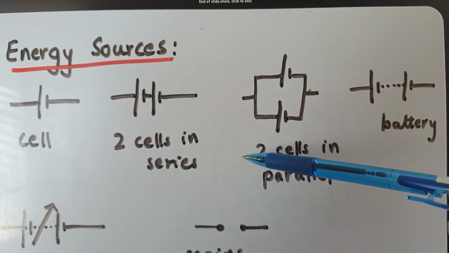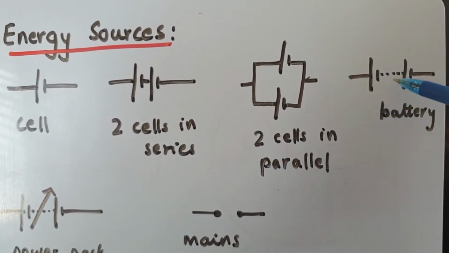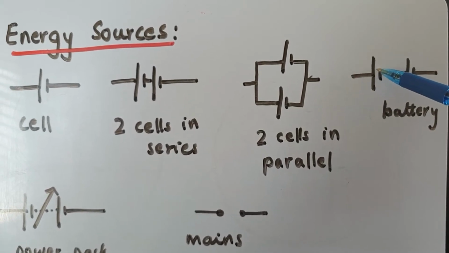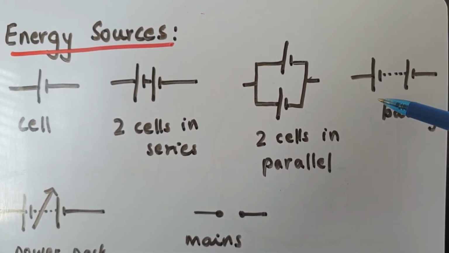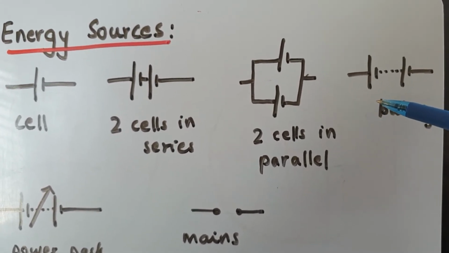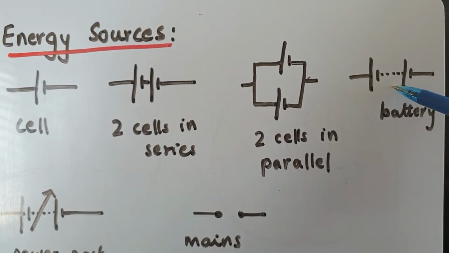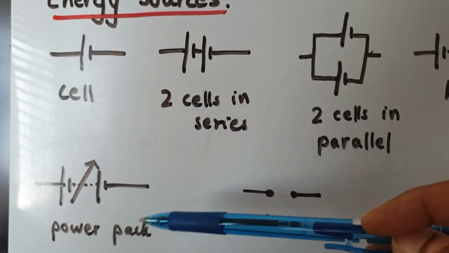Okay, now when you have a whole collection of cells, you have what's called a battery, and that's a symbol for a battery. So in the car, if you ever happen to look inside the bonnet of your car, the battery is quite a big box with a whole lot of little cells in it. So that's a battery. In the lab, we use what's called a power pack.